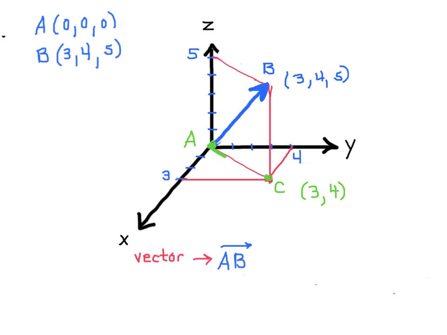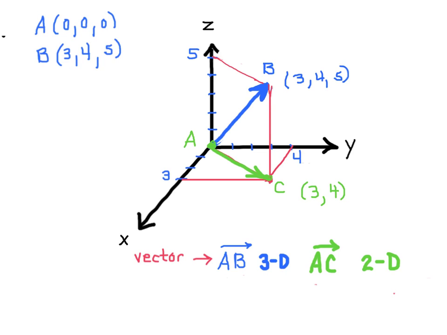So let me draw that down there. Here's vector AC, and it's in the two-dimensional xy plane. So when we talk about vector AC, this is a two-dimensional plane, where AB is in a three-dimensional plane.